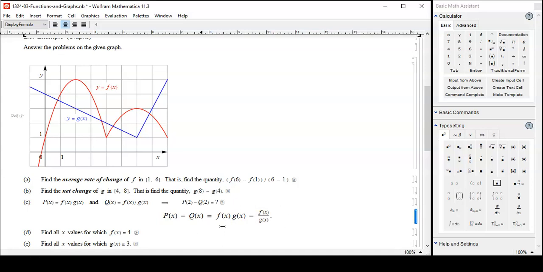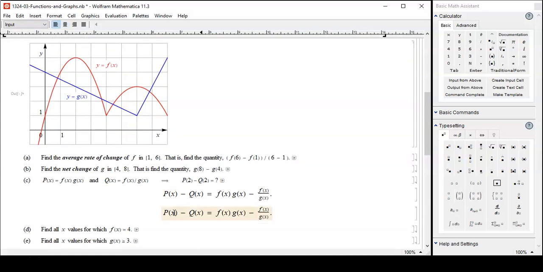Now we are interested in P of 2 minus Q of 2. So f of 2 times g of 2 minus f of 2 over g of 2. That's the quantity we have to calculate.